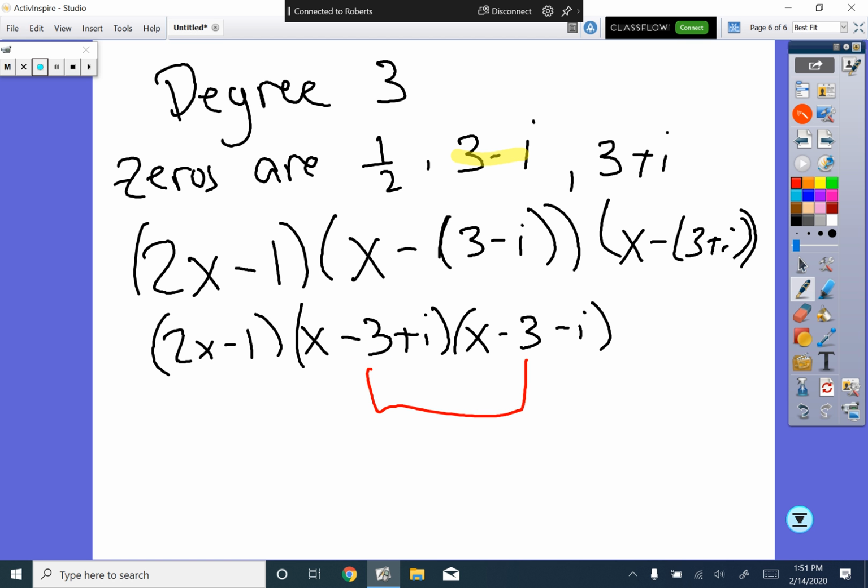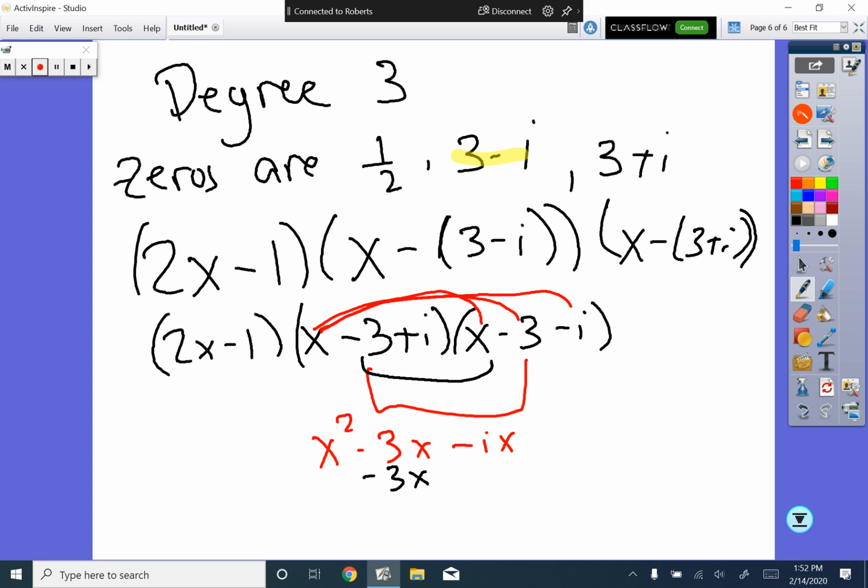So we're going to have to do the distributive process. So I say x times x, x squared, x times -3, -3x, x times -i, -ix. Then I go, okay, -3 times x, -3x, -3 times -3, plus 9, -3 times -i, plus 3i.